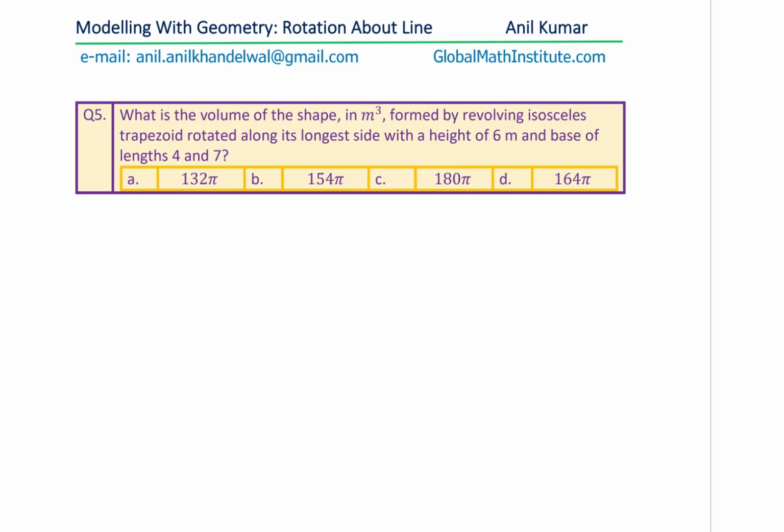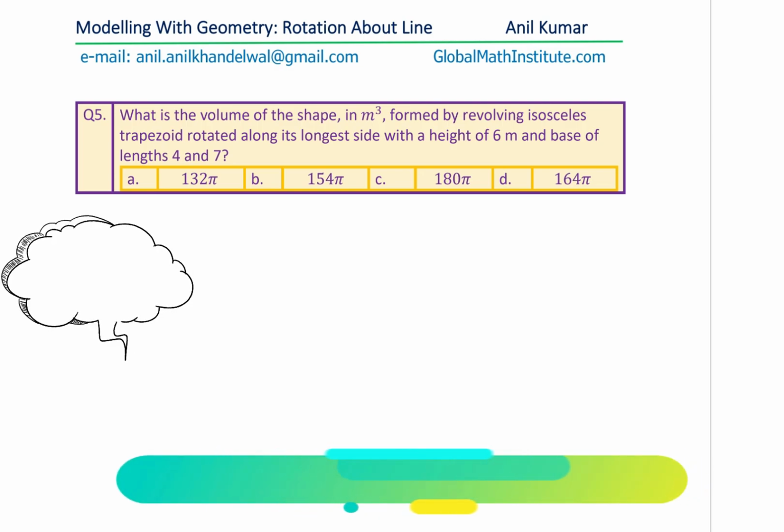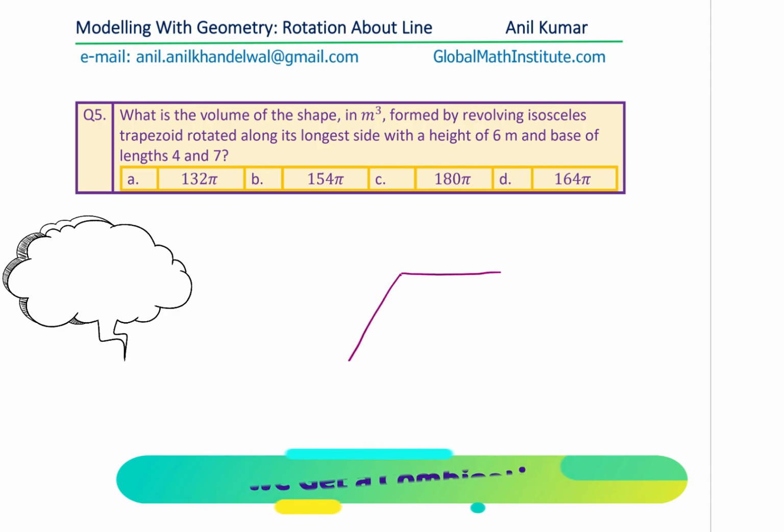How are you going to solve this? Well, let's first try to sketch it at least and then think about the solution. Now, isosceles trapezoid, that is the figure which is not very difficult to make, right?